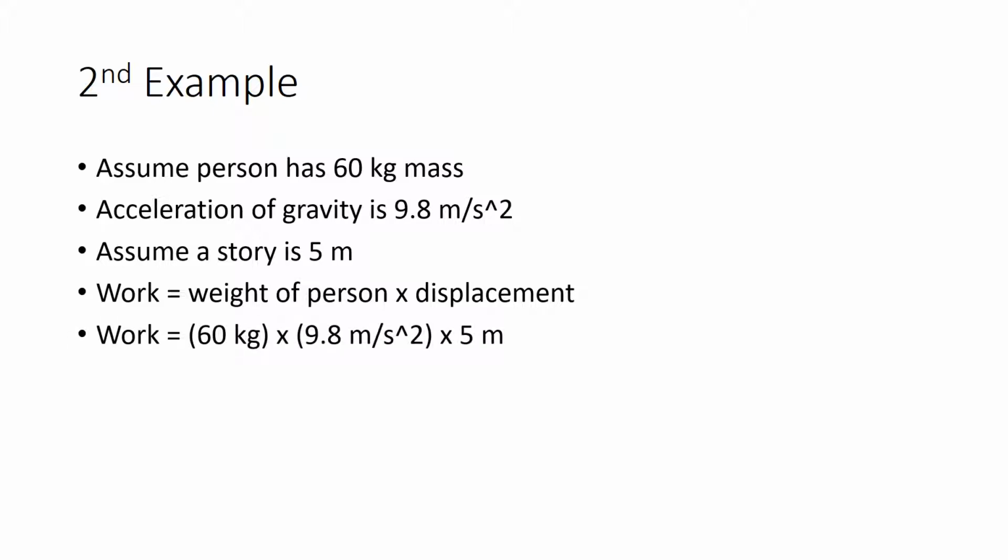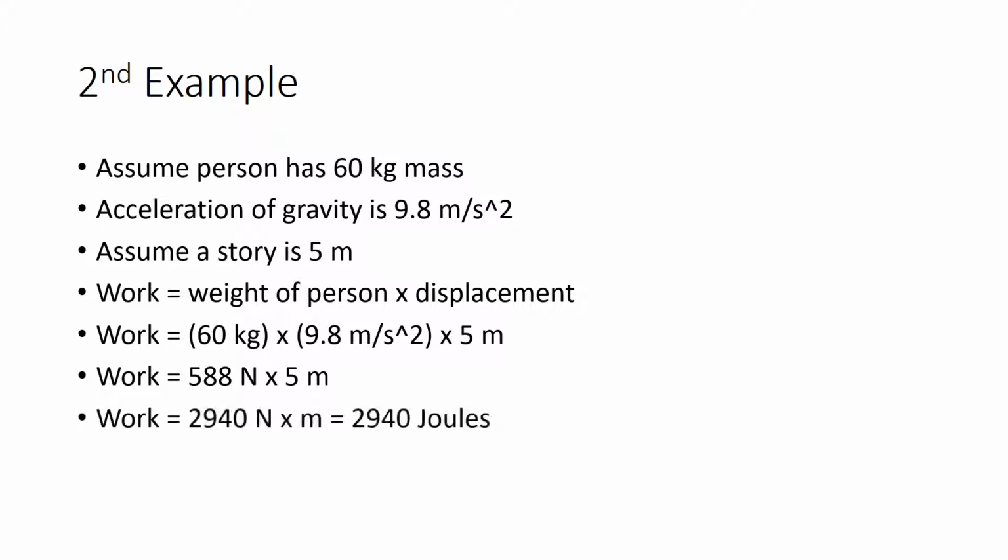So work is going to be 60 kilograms, which is the mass of the individual, times 9.8 meters per second squared, which is the acceleration of gravity, times 5 meters, which is the vertical component of the story. So then work is going to be equal to 588 newtons times 5 meters. And then that will be equal to 2,940 newtons times meters, which is 2,940 joules.